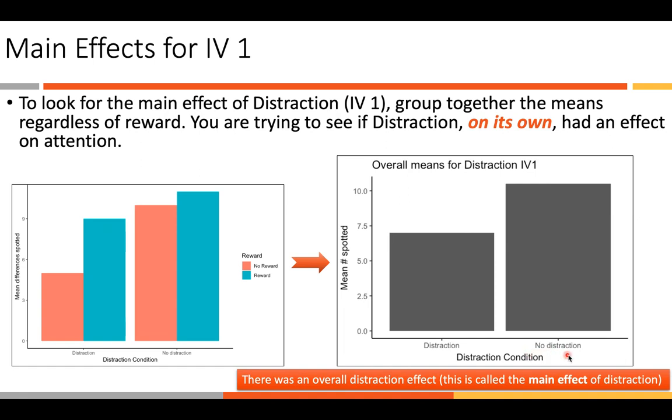The participants that did not receive distraction perform better. That makes perfect sense. You're better able to attend to tiny details when you're not distracted. Distraction reduces attentional performance. So that's our main effect of distraction, ignoring reward condition.